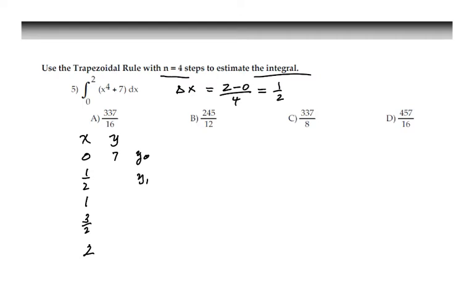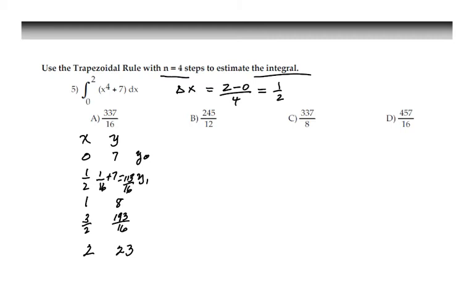And y1 would be 1/16 plus 7, which equals 113/16. Plugging in 1, we get 8. Plugging in 3/2, after a little calculation, you'll see you get 193/16. And the last term will be 23.